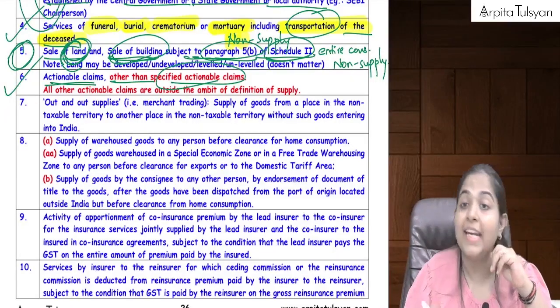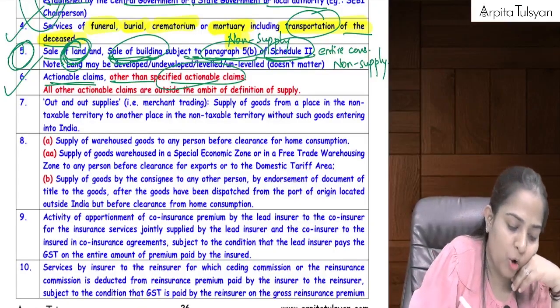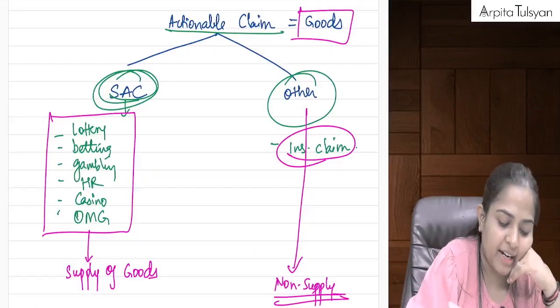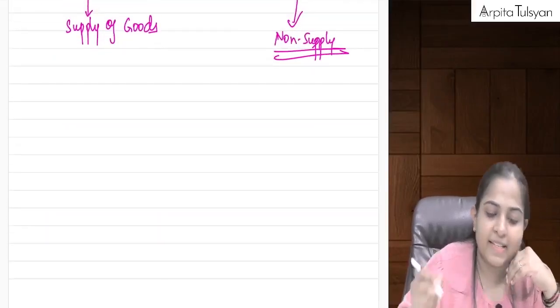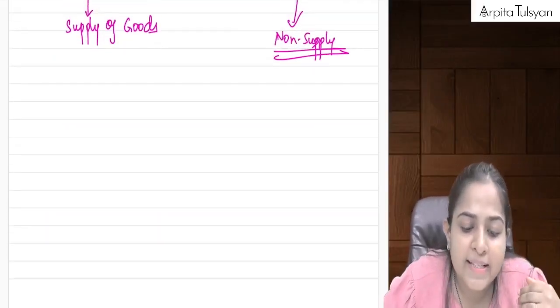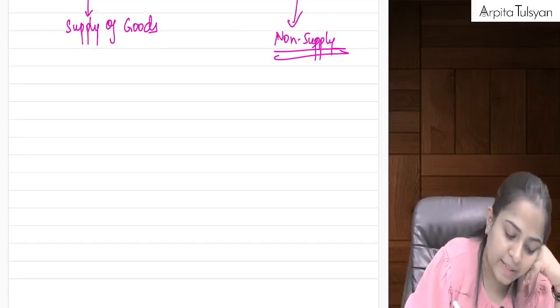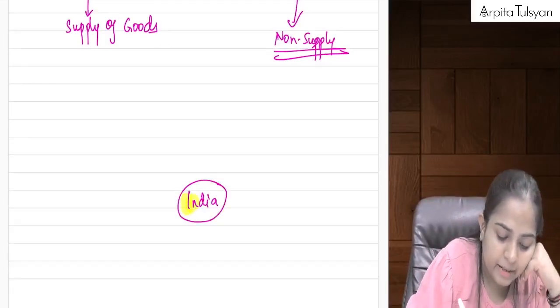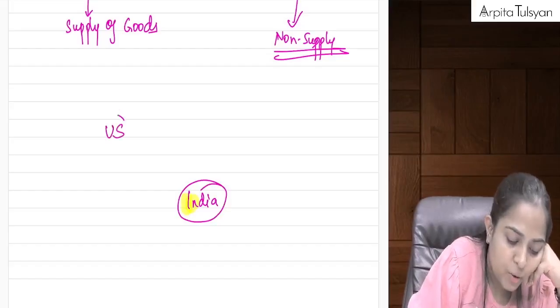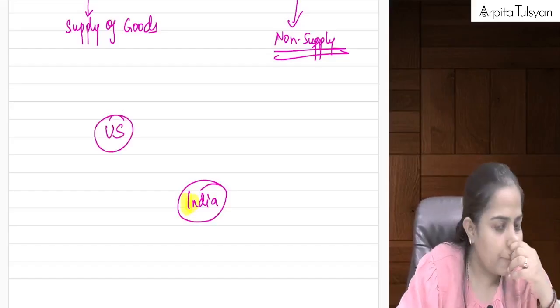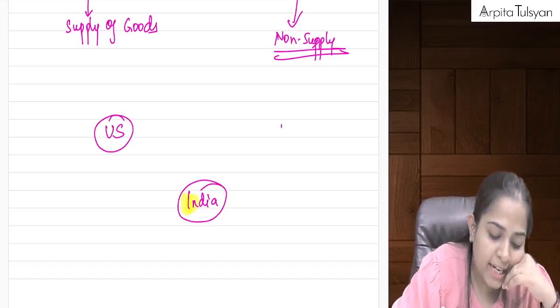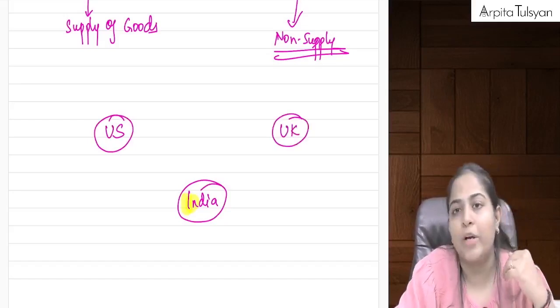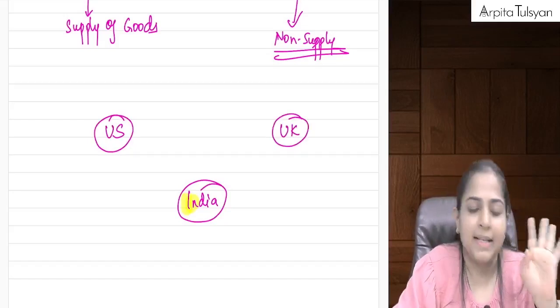Now see the next point, the 7th point, again important. It talks about out and out supplies, that is, merchant trading. Very simple point. Let's say for example you are sitting here in India, and you are purchasing goods from the US and you have a customer in the UK.